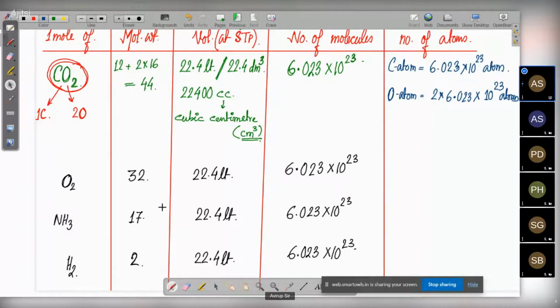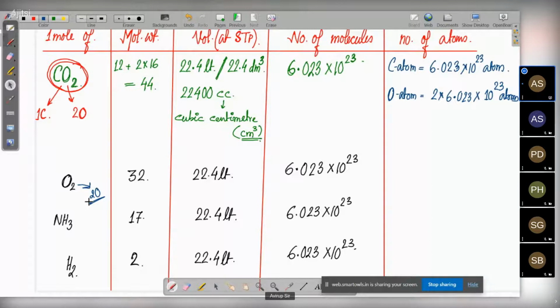Okay. Then see the next example. This is one molecule of oxygen. How many oxygen atoms can you see? Two oxygen atoms are there. So in one molecule, two oxygen atoms can be seen.